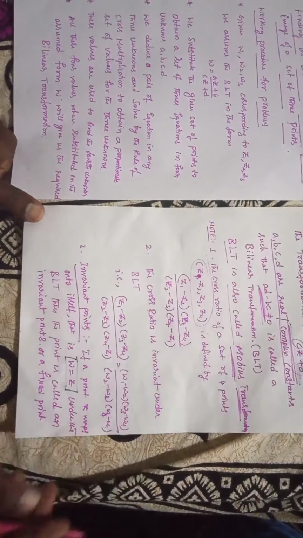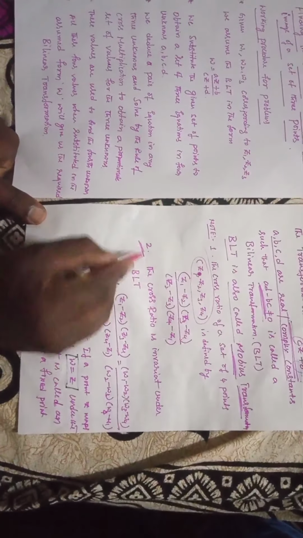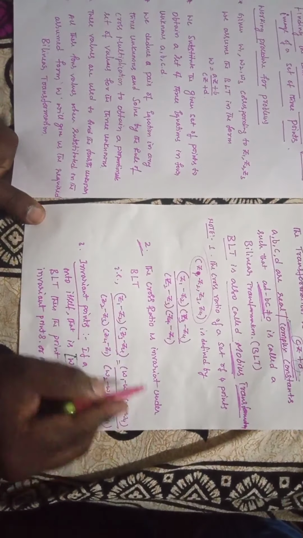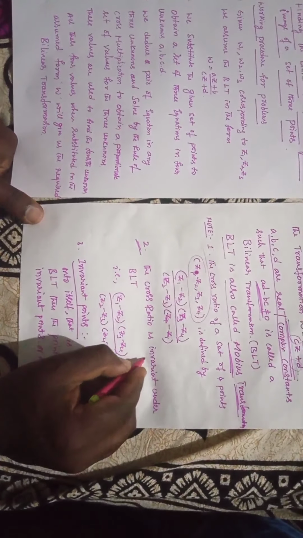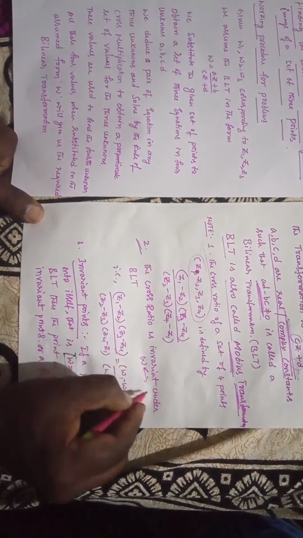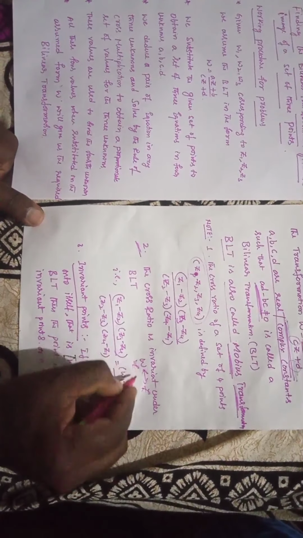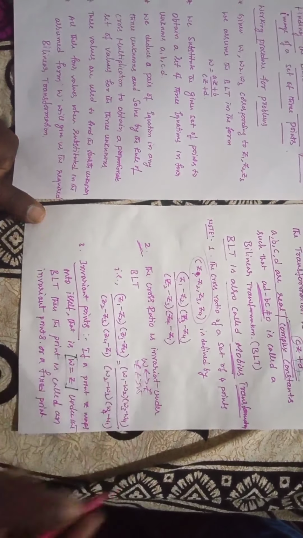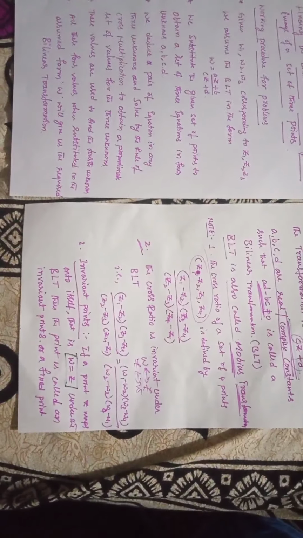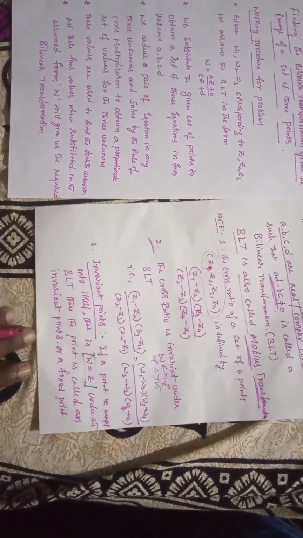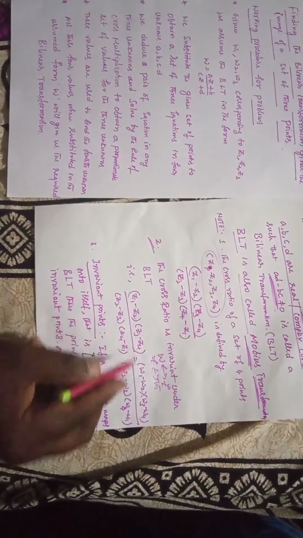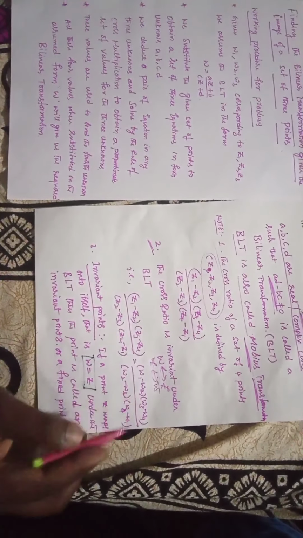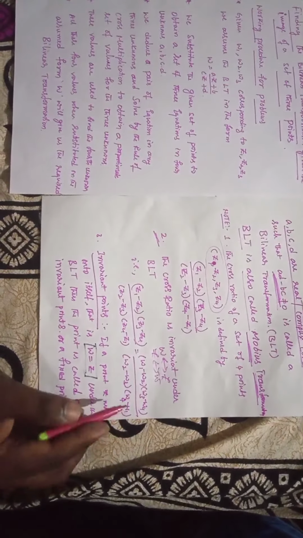Here we have another note, the second note. The cross ratio is invariant under bilinear transformation. In bilinear transformation, the mapping is from the Z plane to the W plane. Here we have points Z1, Z2, Z3, Z4 in the Z plane, and W1, W2, W3, W4 in the W plane.